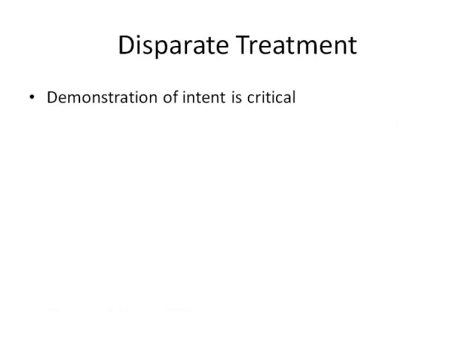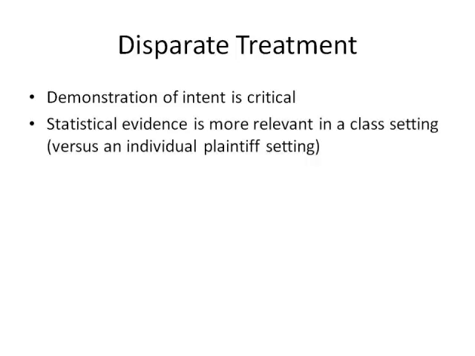So let's talk about disparate treatment for a minute. With disparate treatment claims, the demonstration of intent is critical. The statistical evidence for a disparate treatment claim is more relevant in a class setting as opposed to an individual plaintiff setting. It's common to see disparate treatment analyses in a class setting.